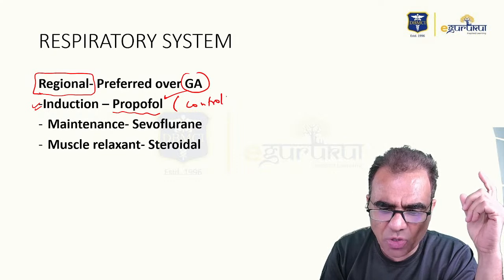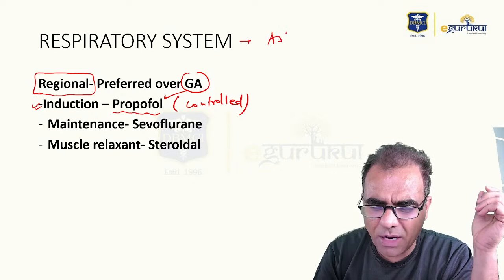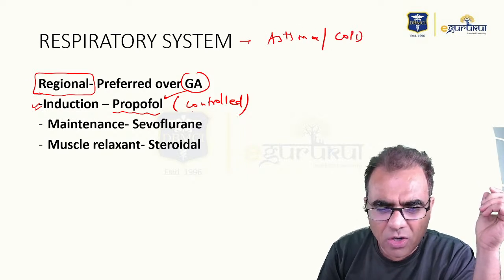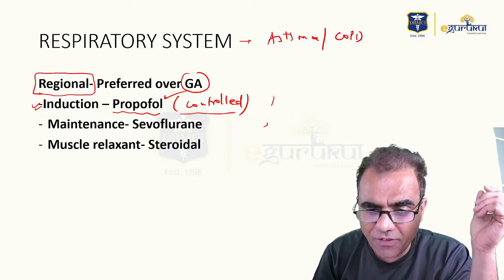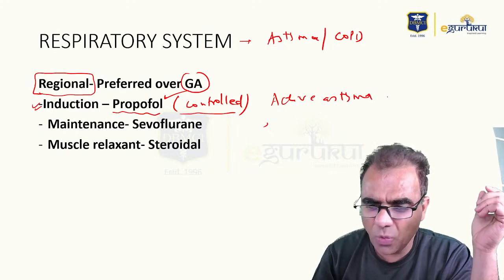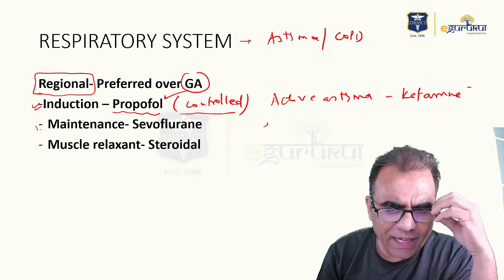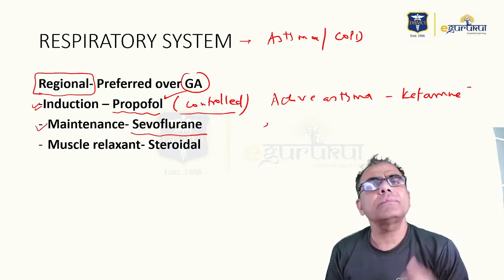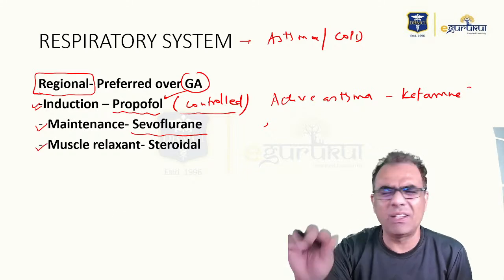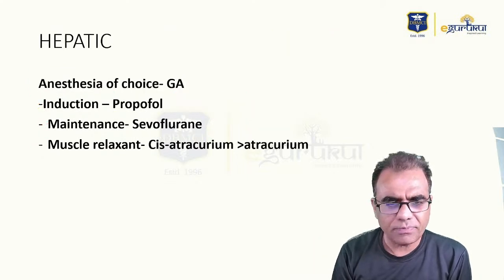When we say respiratory, it means asthma or COPD. For controlled, it is propofol. However, if it is active asthma, as I told you before, then we have to use ketamine. Maintenance: sevoflurane, because of maximum bronchodilation. Muscle relaxant: you can use any. Any muscle relaxant you can safely use.